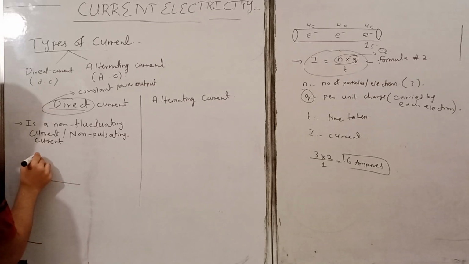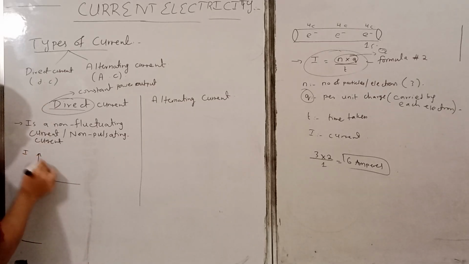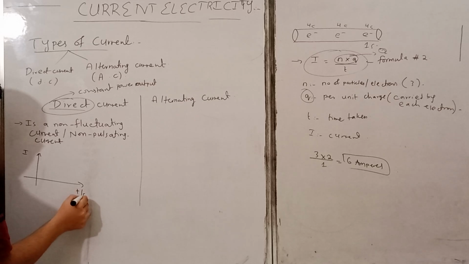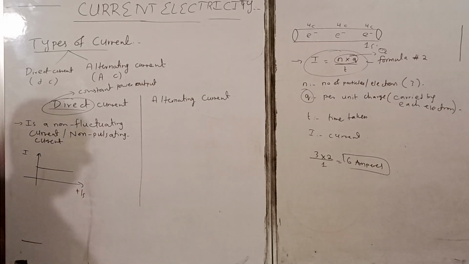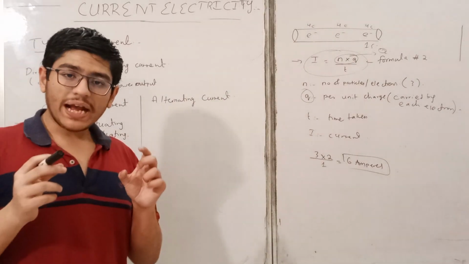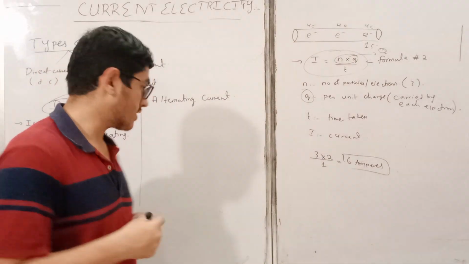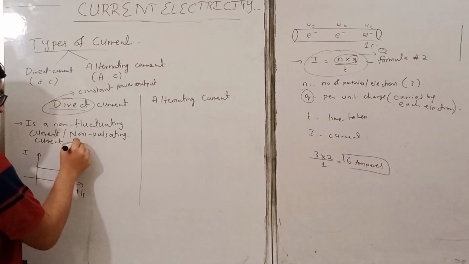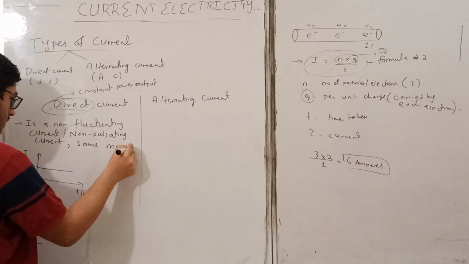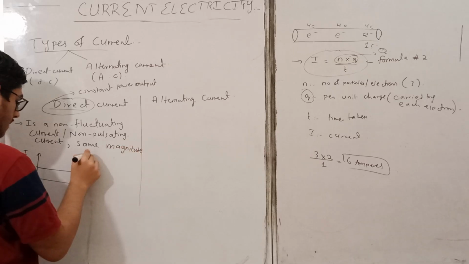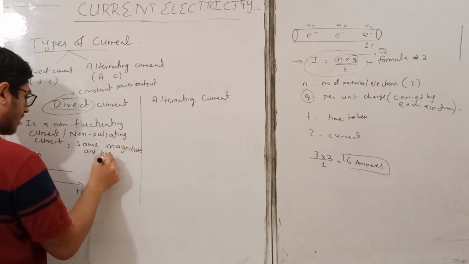Its graph is like this, which is a straight line with a zero gradient, which means its magnitude and direction do not change. Same magnitude and direction.